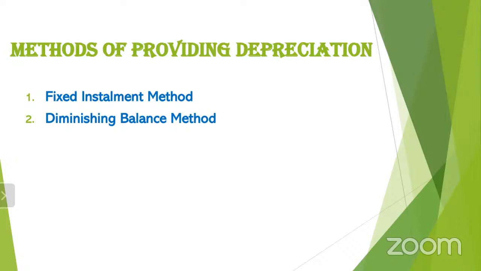Different methods are suitable for different assets depending upon the nature and type of the asset. We calculate the depreciation depending upon the asset. At present we are using two methods: the fixed installment method and the diminishing balance method.